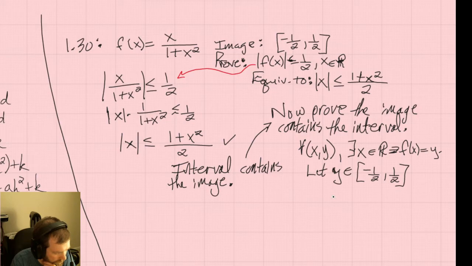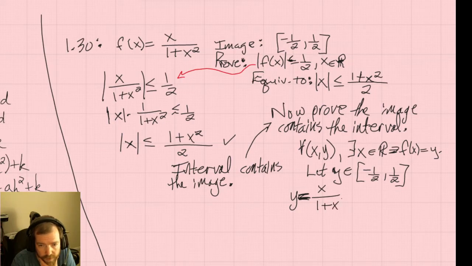Alright, so if f of x is equal to y, and we go back to the original function here, then y is equal to x over 1 plus x squared.